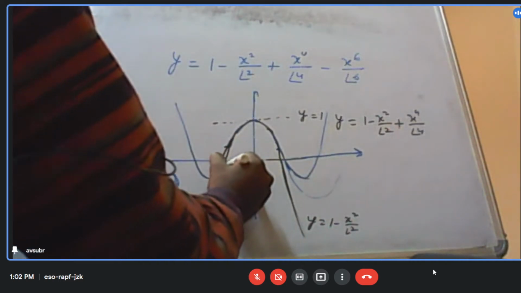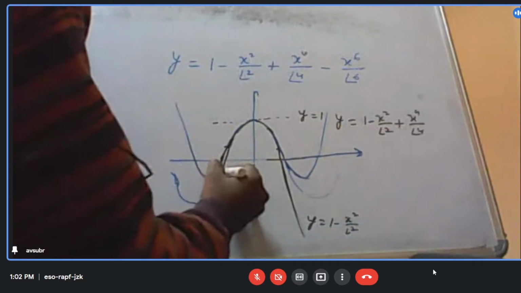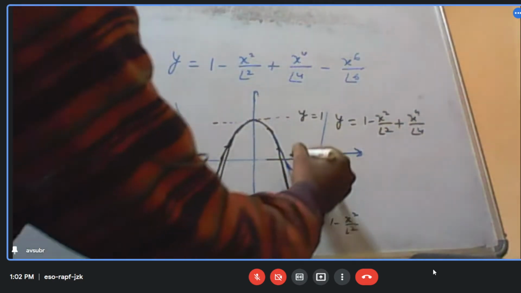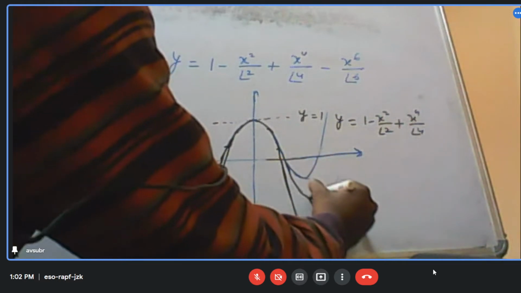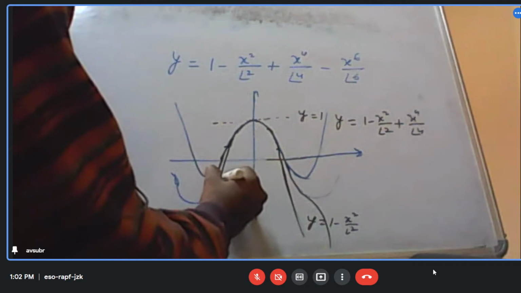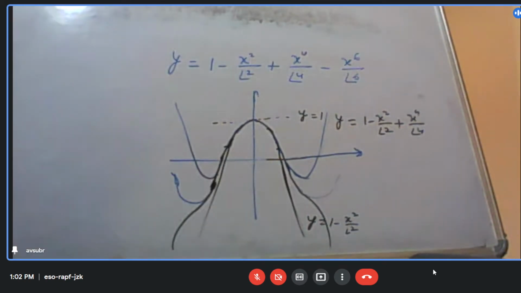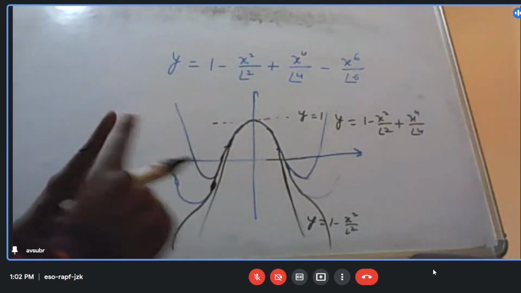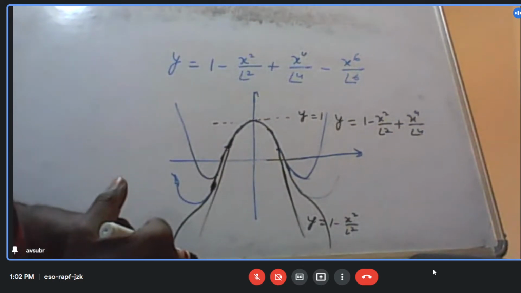then the last one, that is this one, gives me a result something like this. What do you find out? Am I able to increase the distance from x equal to 0?